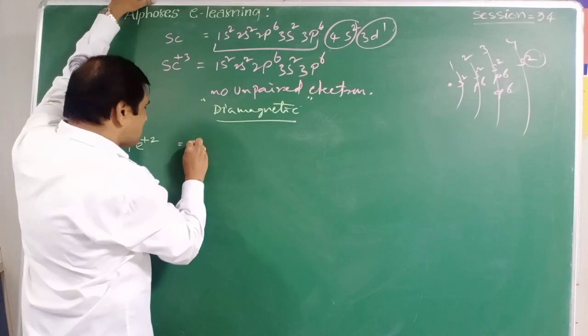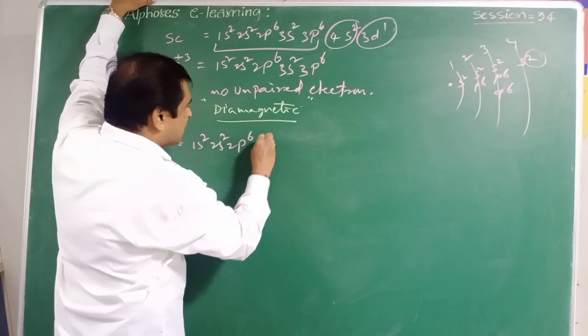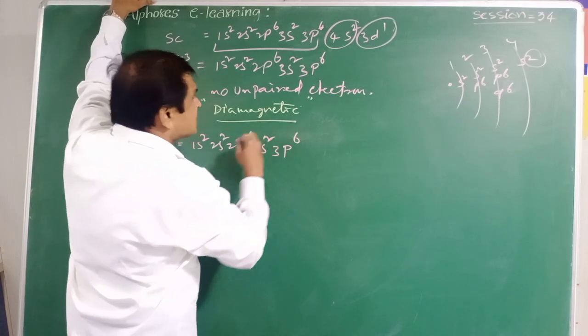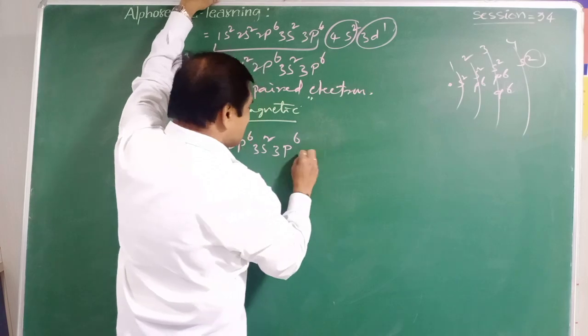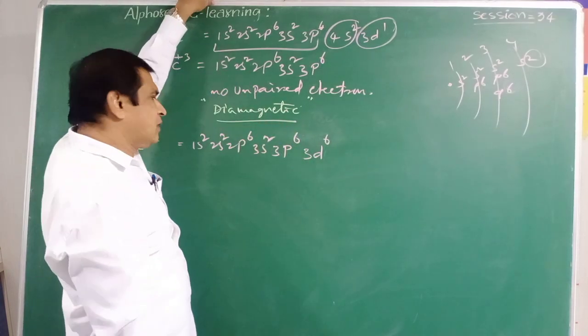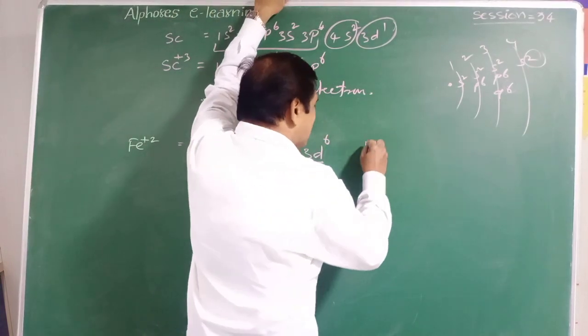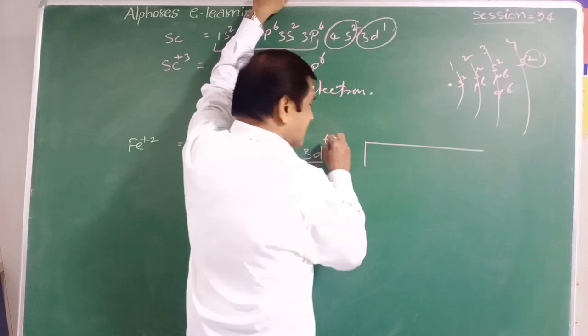The configuration is 1s2, 2s2, 2p6, 3s2, 3p6, 3d6. How many electrons are there in the d orbitals? There are 6 electrons in total.